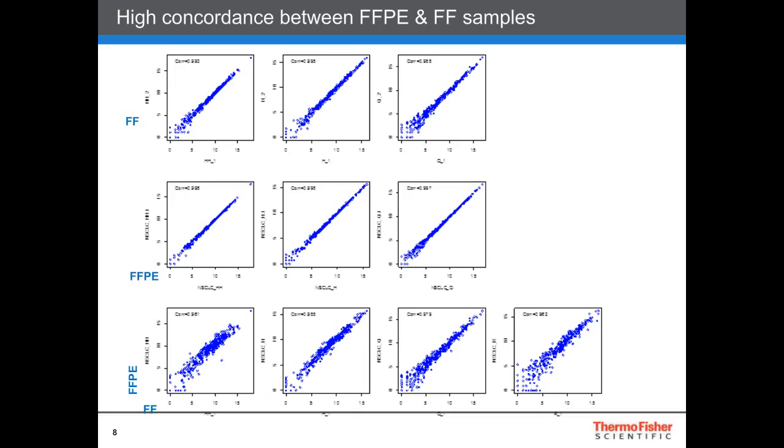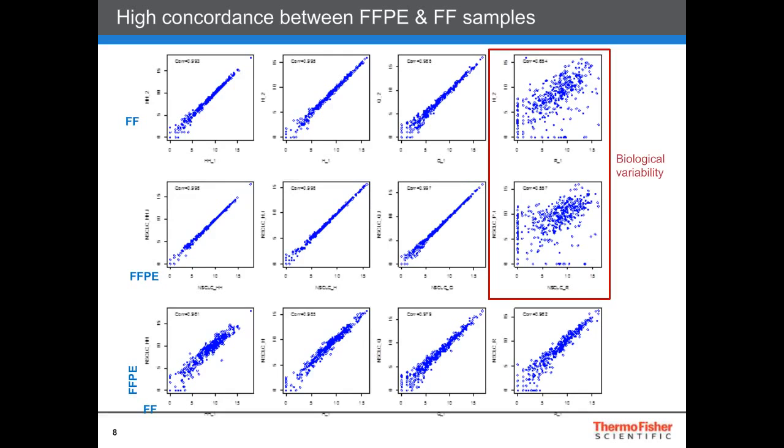The top row is the technical concordance reproducibility between fresh frozen samples. The second row is the technical reproducibility between FFPE samples. And the third row is the technical reproducibility between an FFPE sample and its matched fresh frozen sample. And as you can see, concordance is very high in all of these cases.